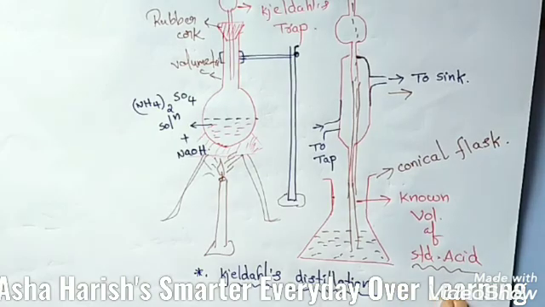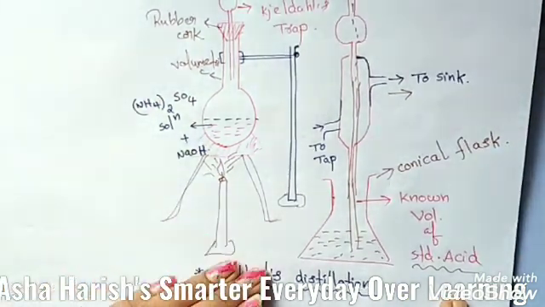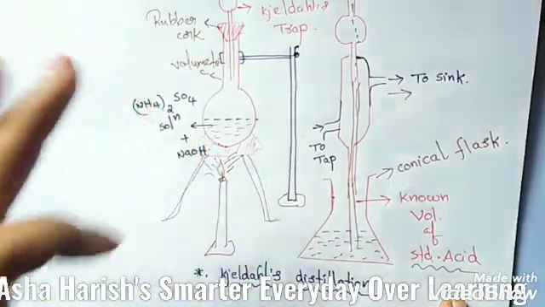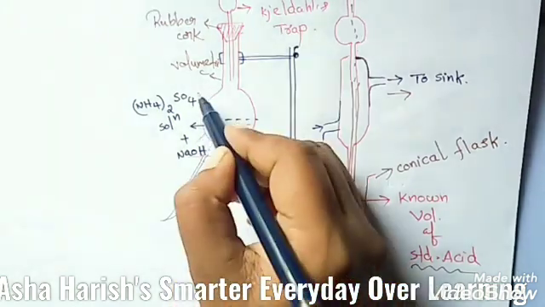And now students, you can see that as a result of the digestion, the nitrogen present in that specific organic compound is quantitatively converted into ammonium sulfate.